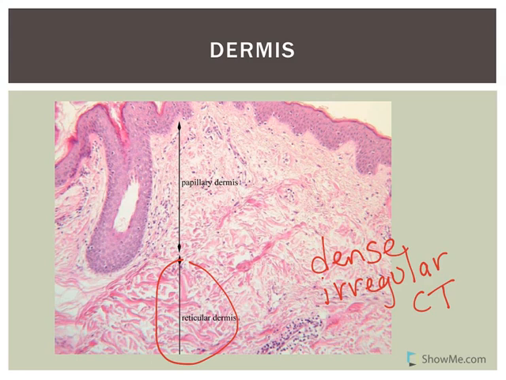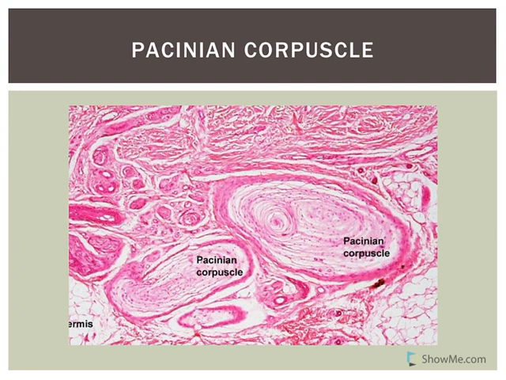Now the reticular dermis is also a location of one of the sensory receptors that we'll talk about, the Pacinian corpuscle. And you see a couple of them right here. And again, to remind you that Pacinian corpuscles are not just located in the skin. In lab, you'll have a slide labeled Pacinian corpuscle, but it's actually a slide of the pancreas.